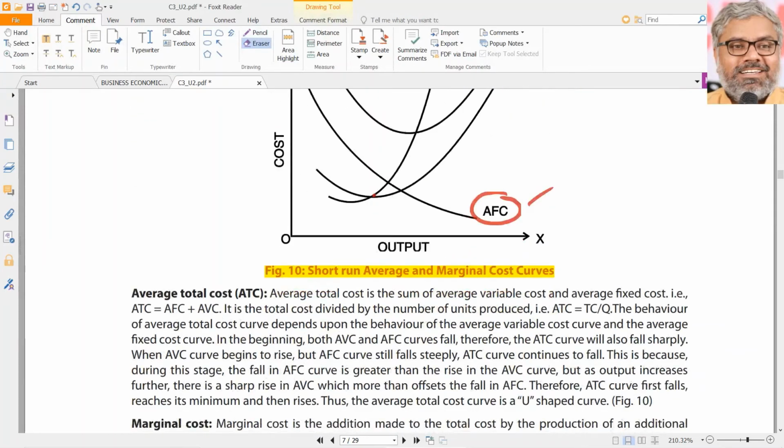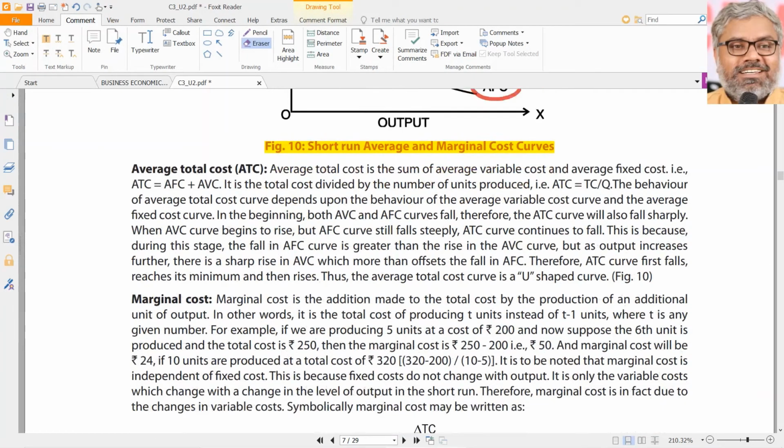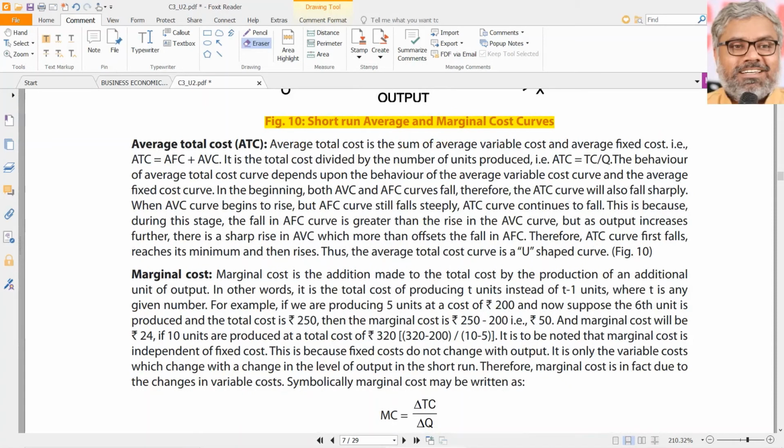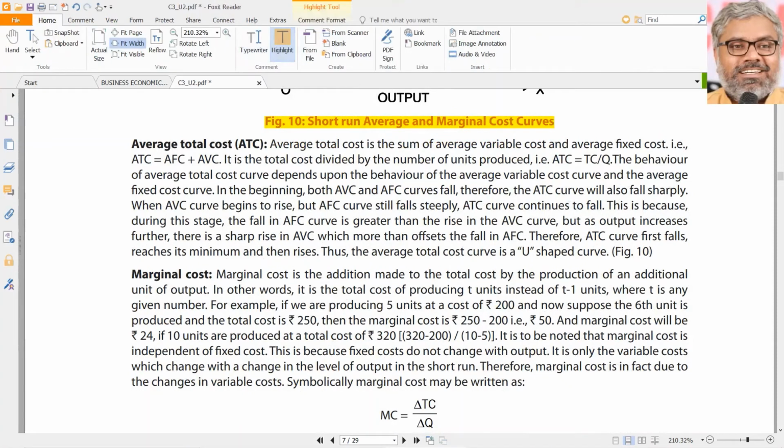Now, the average total cost. Average total cost means what? That is nothing but the sum total of average variable cost and average fixed cost, which is AFC plus AVC. Average fixed cost plus average variable cost is equal to average total cost. So average total cost is nothing but cost per unit, in other words.